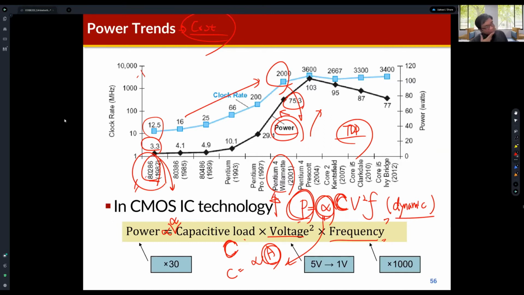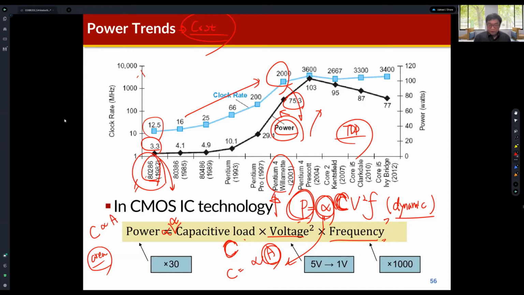So the capacitance of a processor is proportional to the area of a chip, because the capacitance is proportional to the area of a circuit.